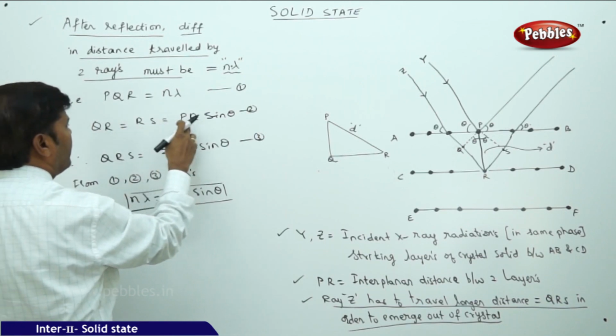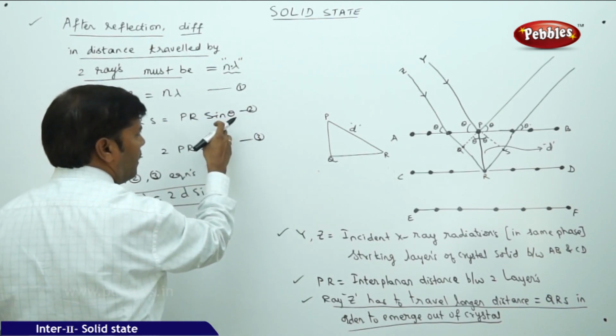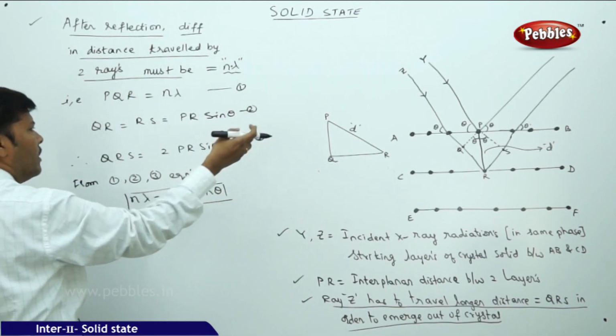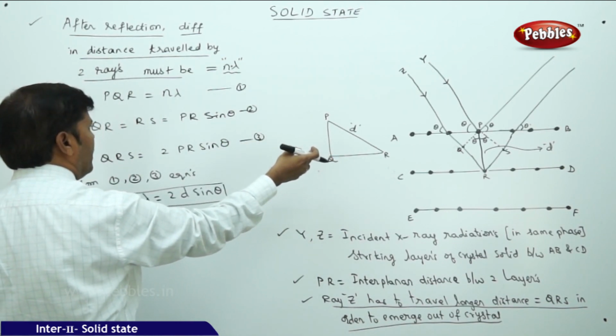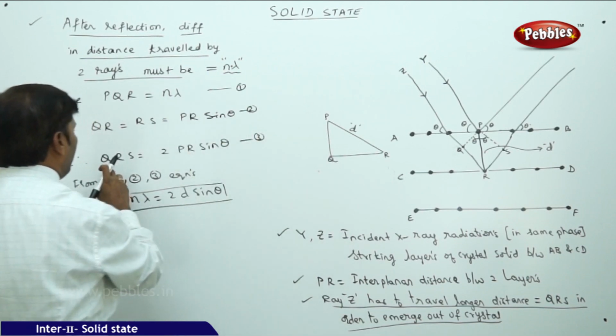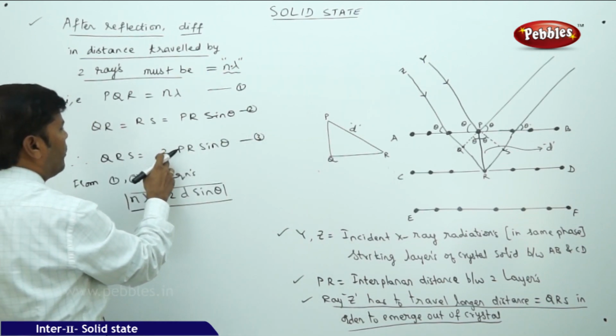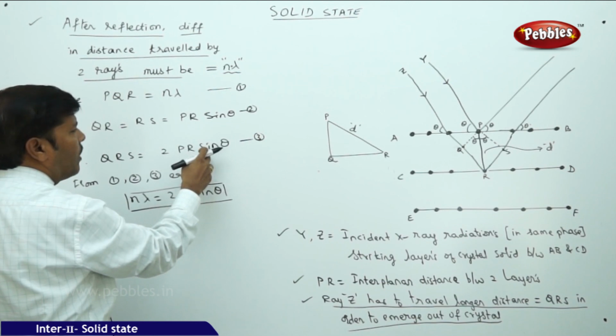Q of R is equal to R of S is equal to PR sin theta, because sin theta is equal to adjacent by hypotenuse. Therefore QRS is equal to twice PR sin theta.